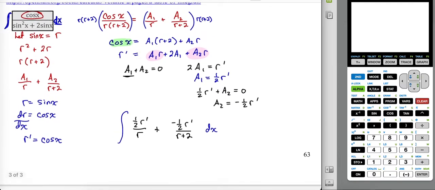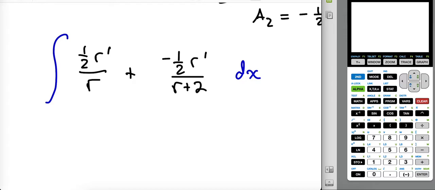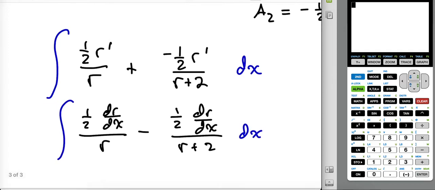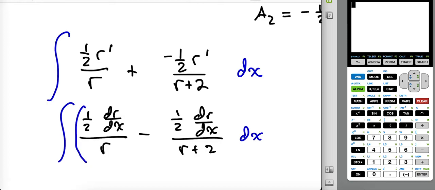Just cleaning it up a little bit more, 1/2 dr/dx over r minus 1/2 dr/dx over r plus 2, times dx. If you run through with the dx, it's going to cancel out the dx's in each of those numerators.